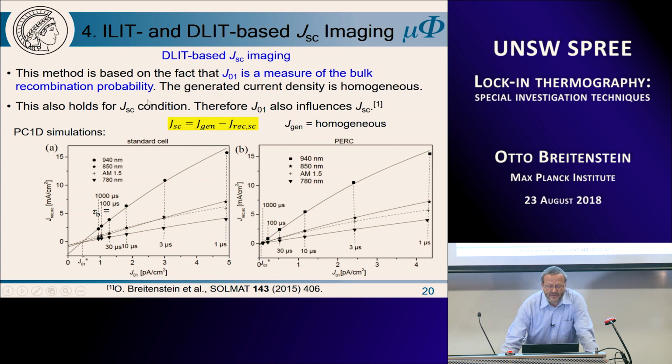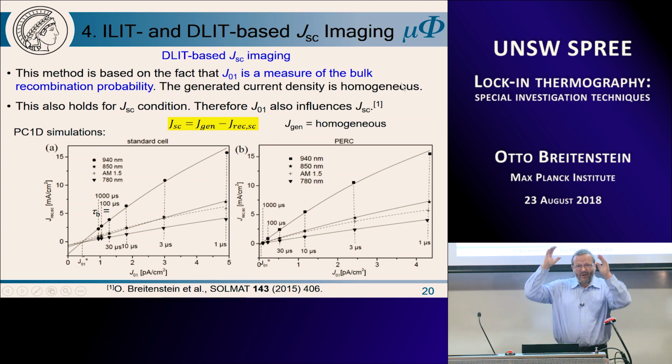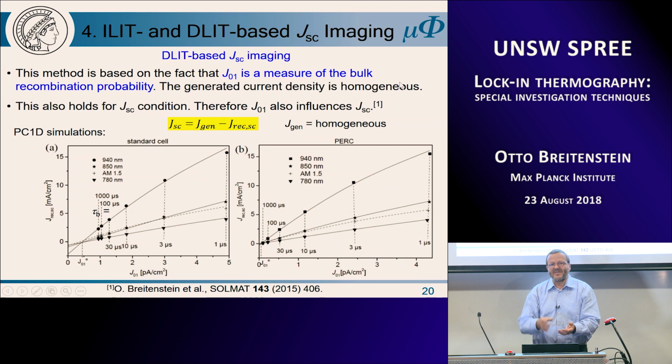And moreover, we can assume that the generated current density, so all absorbed photons, assuming that each photon generates one electron, should be homogeneous, well, if the absorbed light is homogeneous. And then JSC equals this generated current density, which is a constant, minus the local recombination loss.